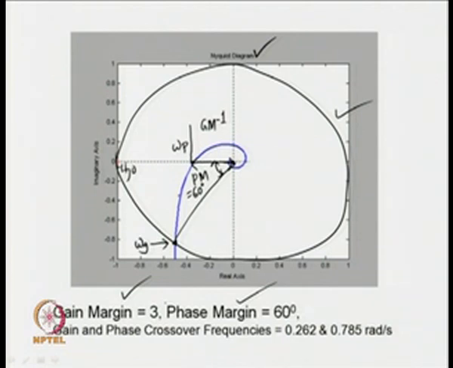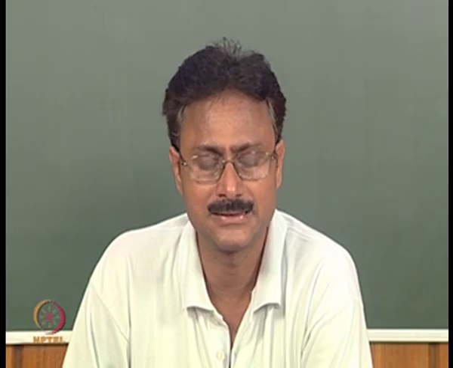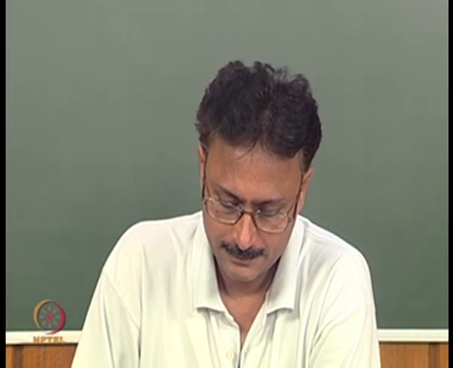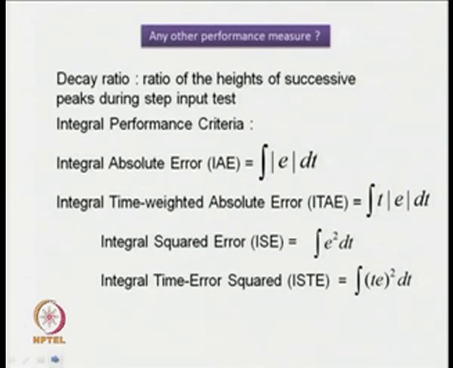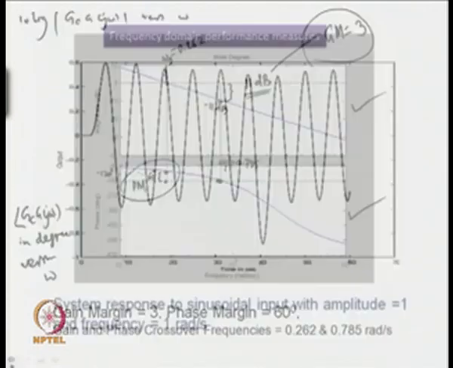Now, we shall see, are there any other type of performance measures apart from the time domain performance measure and frequency domain performance measure. Yes, we have got measures like decay ratio, which is given as the ratio of the heights of successive peaks during step input test. What are those successive peaks?